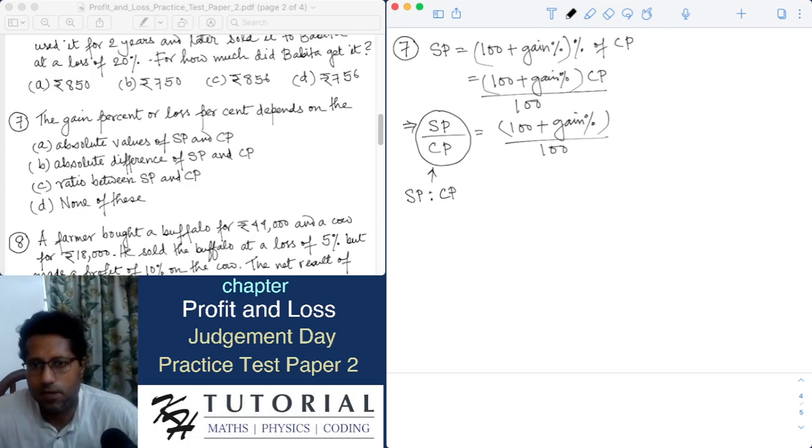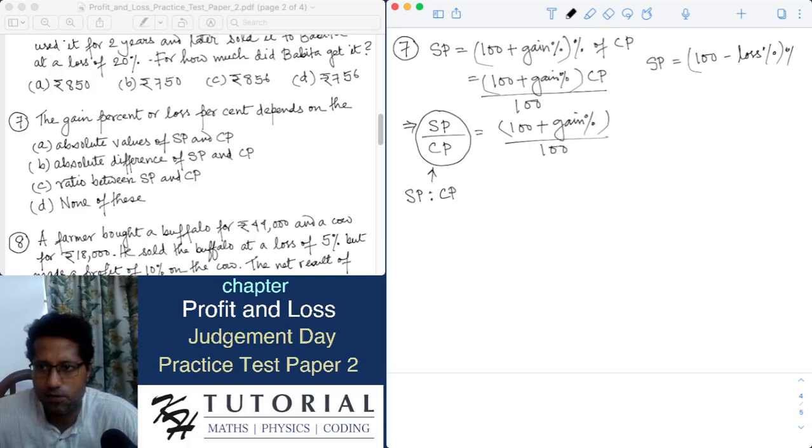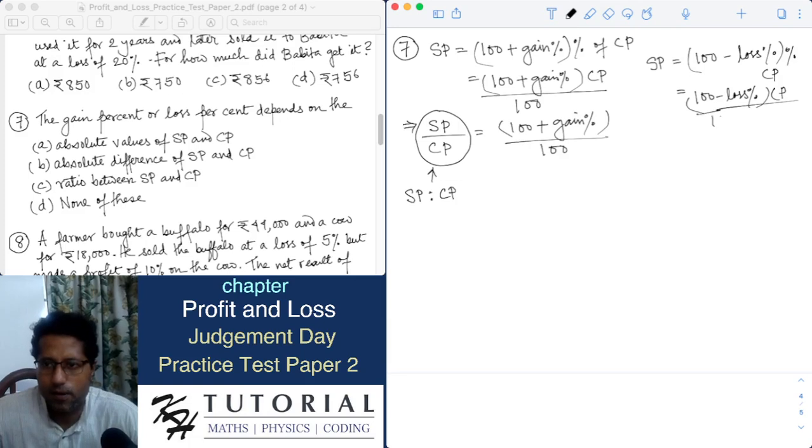Now things will be the same for loss. We know that if there is a loss of loss percent, the formula is: SP is 100 minus loss percent, this percent of CP. This will be 100 minus loss percent into CP by 100.